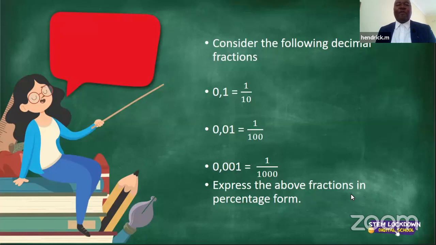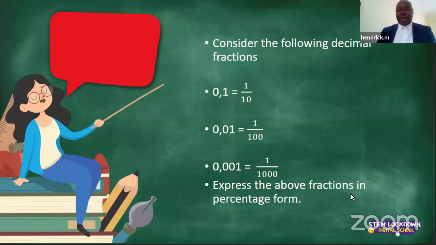And how do you find it? You take the fraction 1/10 and multiply it by 100. The answer will be 100 over 10, which is 10. So the first category will be 10%.